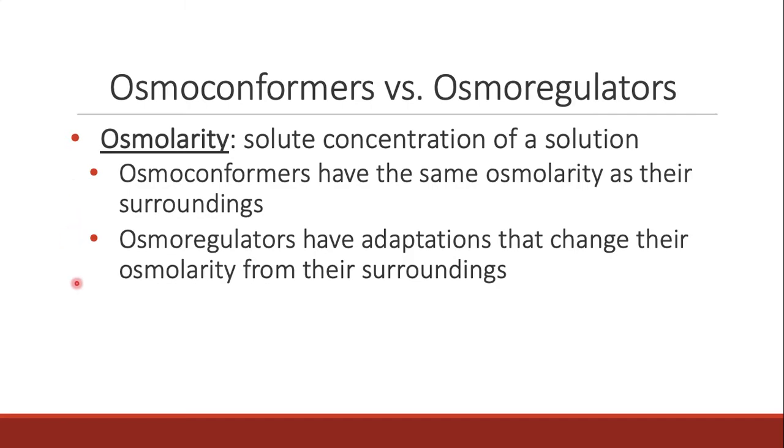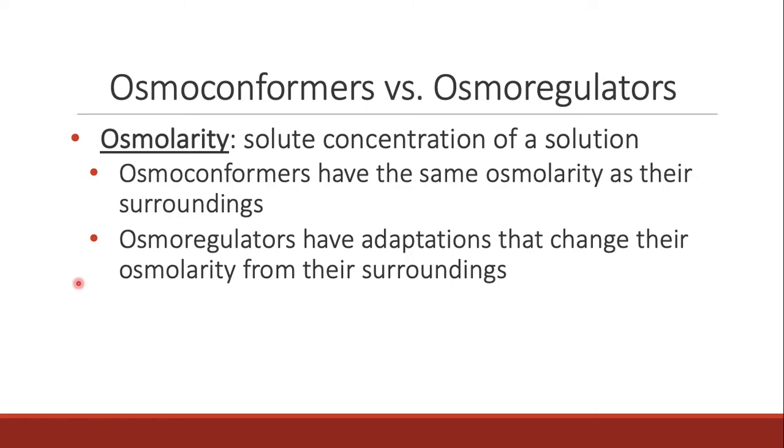And then osmoregulators, like ourselves, have adaptations like kidneys that can change our internal osmolarity from our surroundings. That allows us to maintain homeostasis, where we can have an internal balance regardless of what the external environment is. We can also keep that internal balance when it is being thrown off.